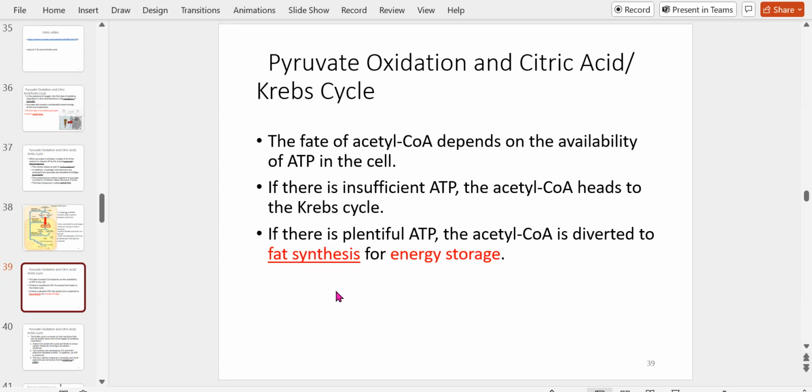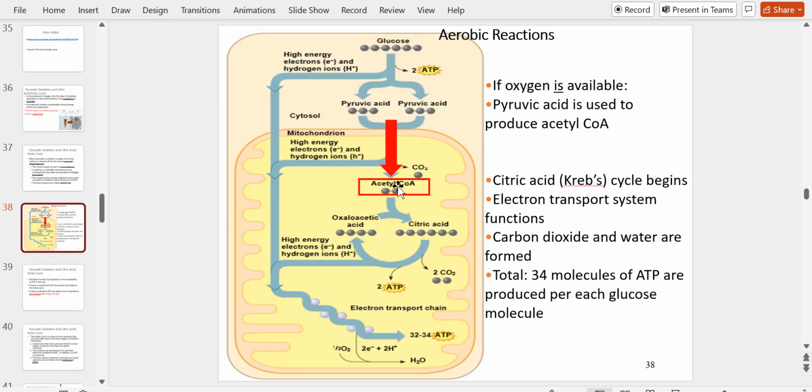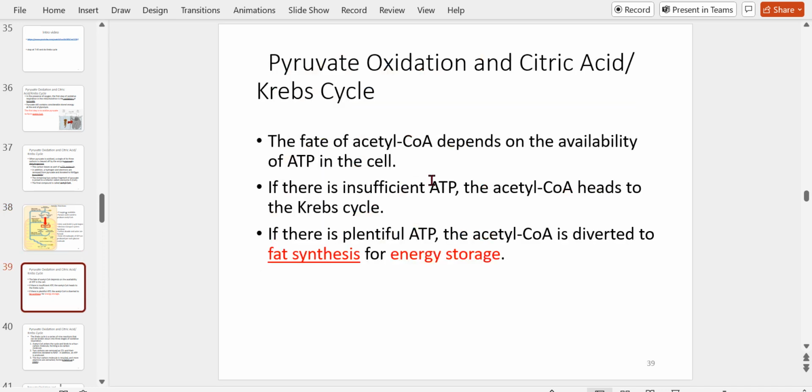It's interesting to note the fate of that acetyl-CoA, remember that 2 carbon. It went from a pyruvate molecule, 1 carbon was removed as carbon dioxide, leaving you a 2 carbon acetyl-CoA right in here. So the fate of this acetyl-CoA molecule depends on the availability of ATP inside the cell.